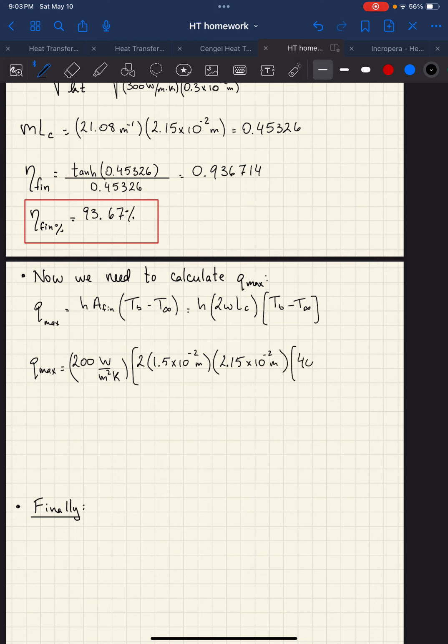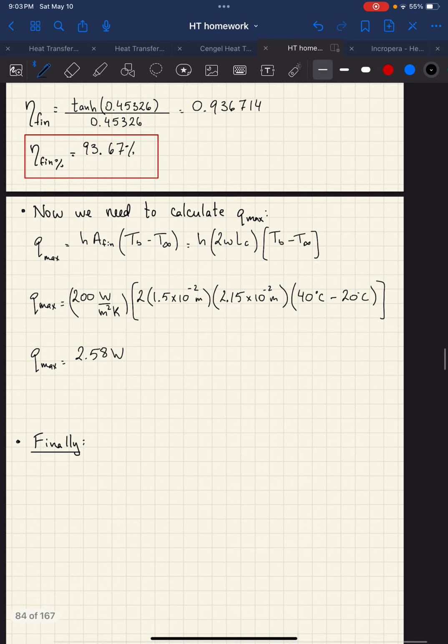Tb is given as 40 degrees, and I'll just keep my brackets. The T infinity is 20 degrees Celsius. If you're wondering why I didn't convert these into Kelvin, it actually doesn't matter, because a temperature difference in Celsius is the same as a temperature difference in Kelvin. So you're going to get the same number regardless of what you do. Here comes Q max, so it should be 2.58.